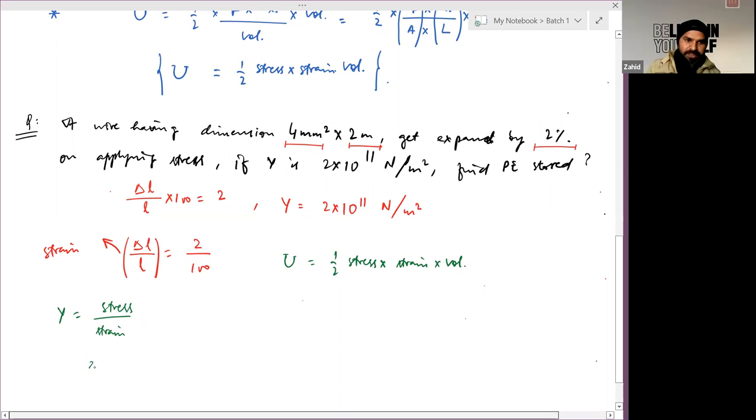So we may transform this equation to get stress as y times strain and put this value in this part. So you'll get half y strain squared times volume. Now we have Young's modulus, strain, and volume. Put these values and simplify it.